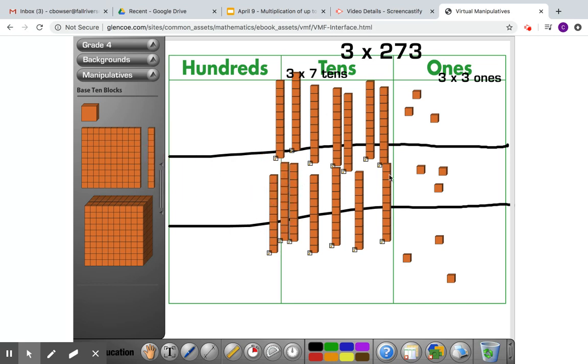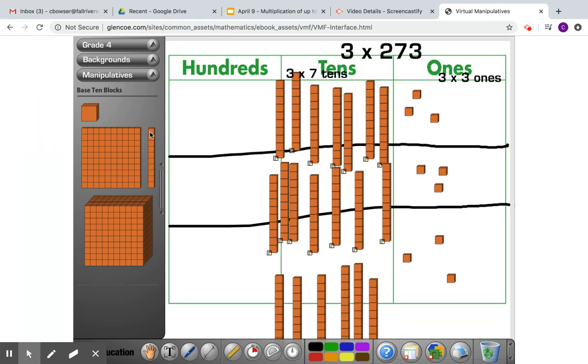So that's in our second group. This is our first group. And now our third group, we're going to do the same thing. 1, 2, 3, 4, 5, 6, 7. Perfect.